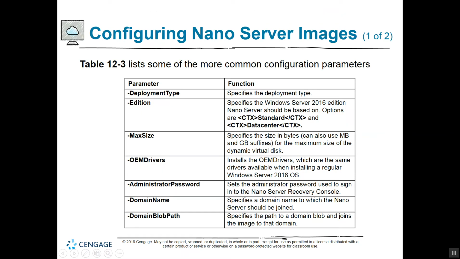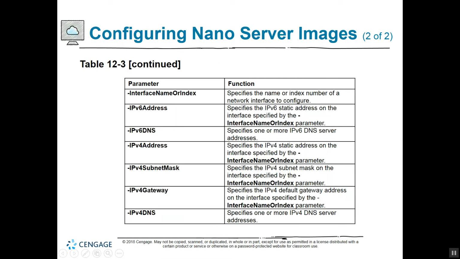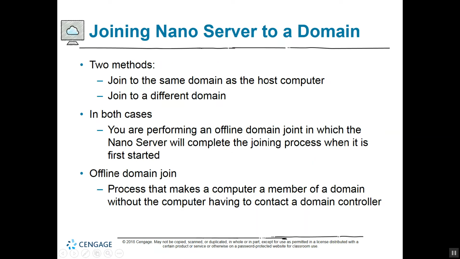Here are some common configuration parameters for Nano Server images, and here are some more. Now we've got two methods to join a Nano Server to a domain: join the same domain as the host computer, or join a different domain. In both cases, you're performing an offline domain join, in which the Nano Server will complete the joining process when it's first started.